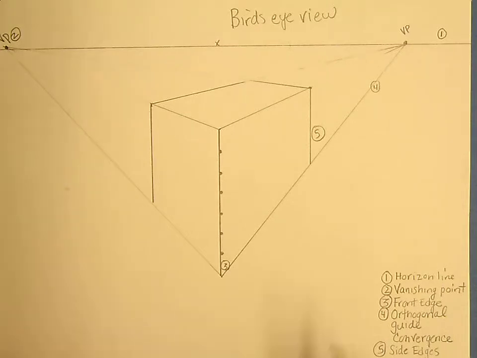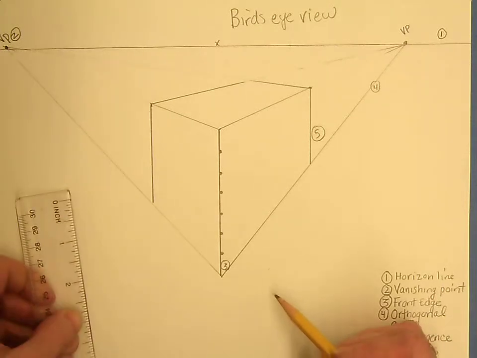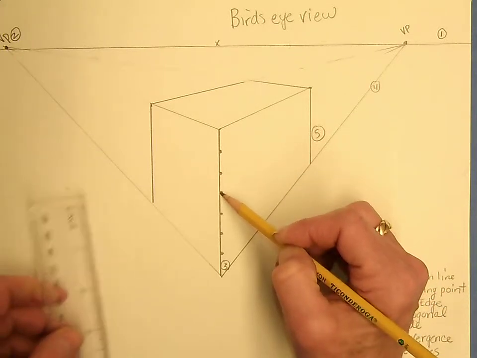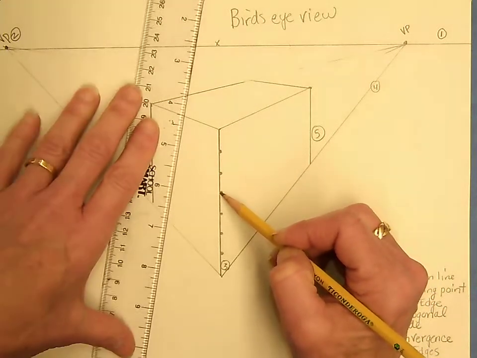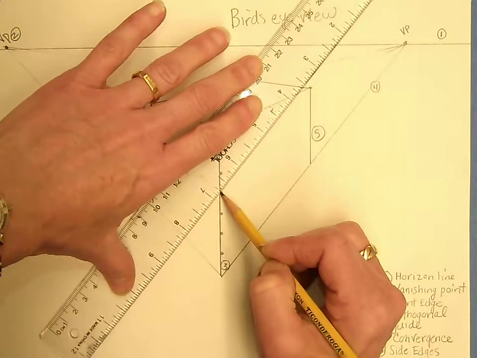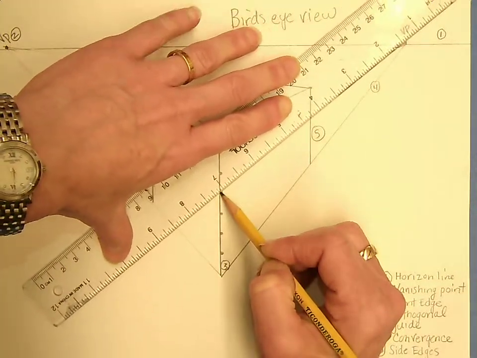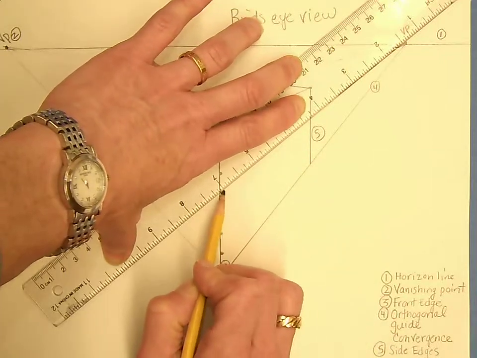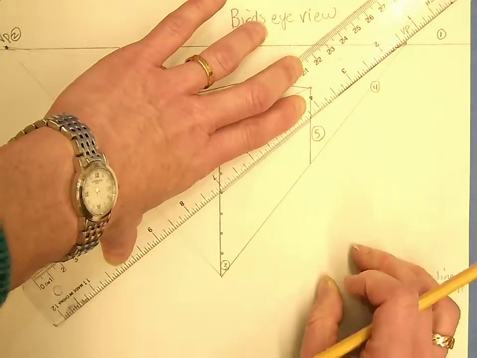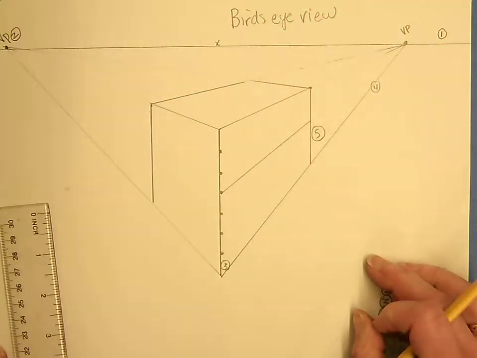We are going to only focus right at this moment on the third dot from the top. We're going to place our pencil point on that dot, and we're going to pivot it on the ruler till it touches the vanishing point. We're then going to draw a line to the edge of our building towards the vanishing point and stop.